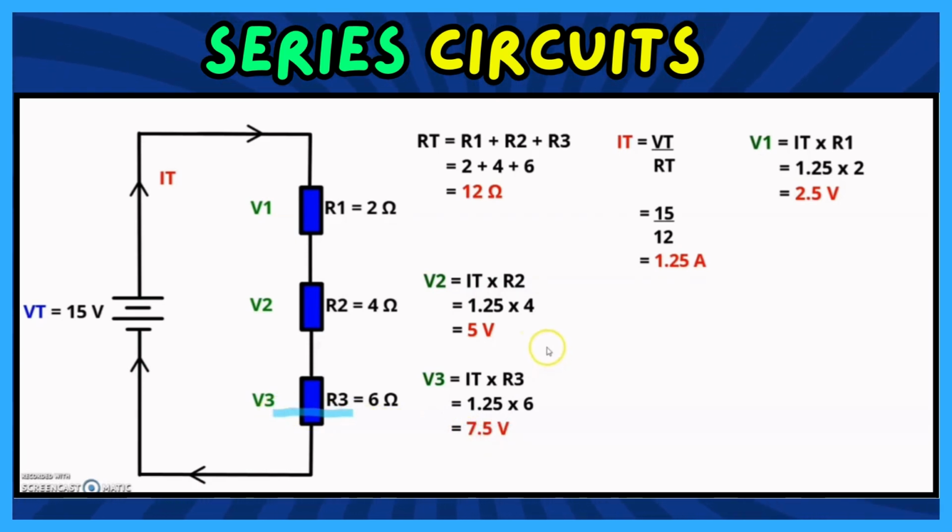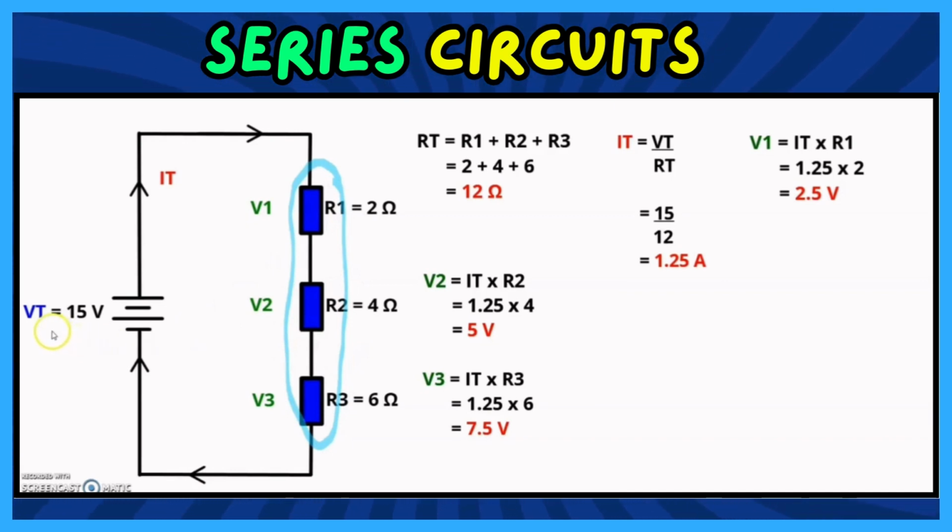Now guys, in these circuits, there are two laws that we need to understand. The first one is Kirchhoff's current law, and the second one is Kirchhoff's voltage law. When we talk about series circuits like this, we will use Kirchhoff's voltage law, which states that the sum of the voltage drops will be equal to the total voltage in my circuit.